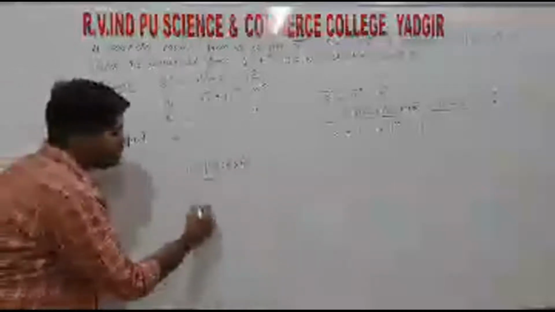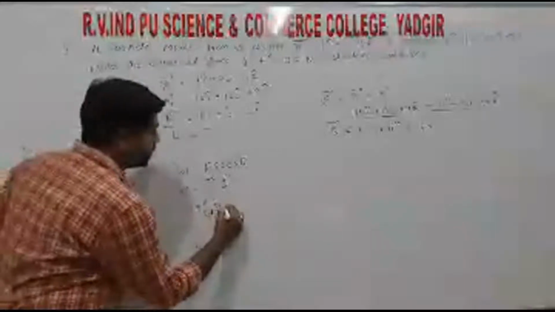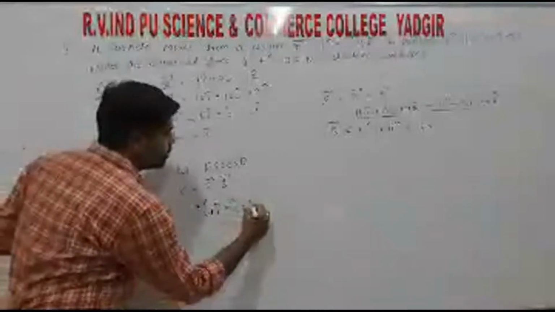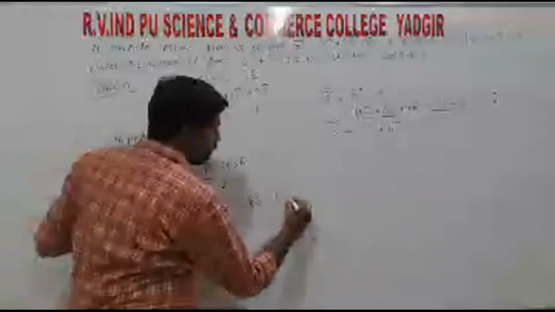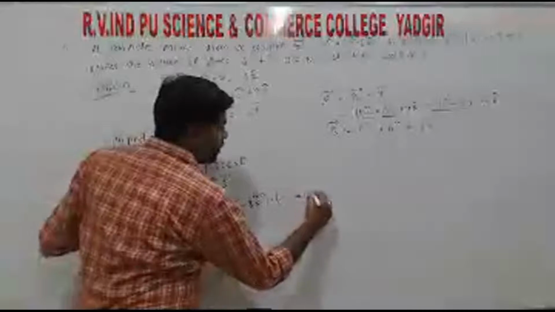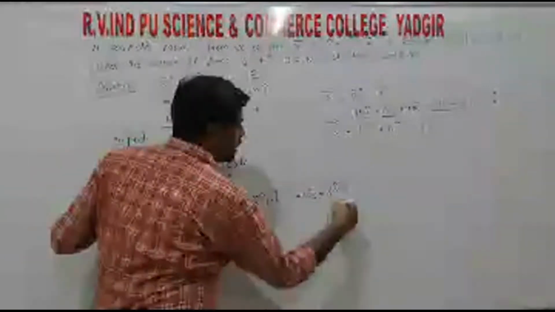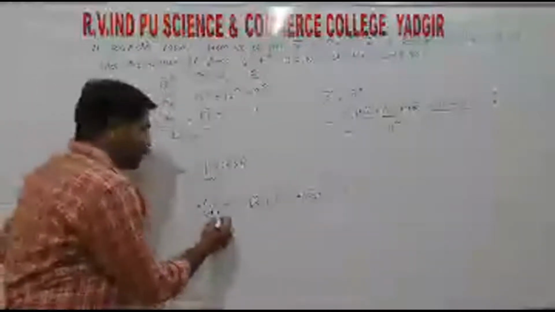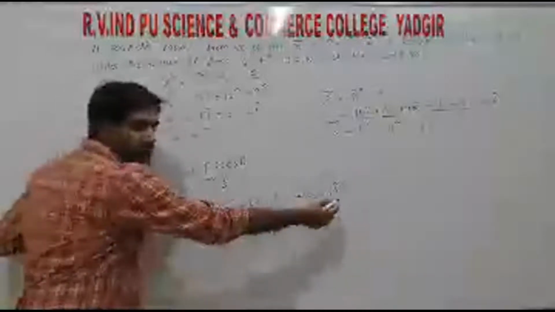Now we have the force vector and the displacement vector. So dot product: substituting here 4i cap plus j cap minus 3k cap dot 11i cap plus 11j cap plus 15k cap, right? So i dot i is always 1. i dot j is 0, i dot k is 0.